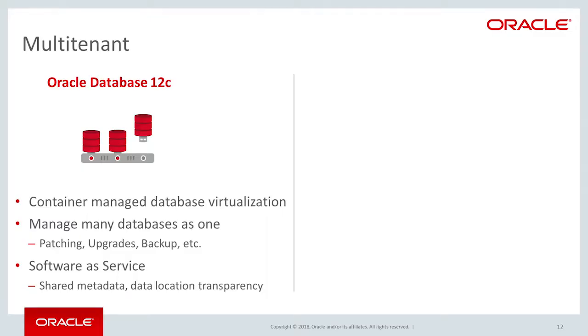With this architecture, we gave customers the ability to make more efficient use of their database infrastructure resources and their DBA resources, because by managing many databases as one, instead of multiple distributed databases, we can make it easier to patch, upgrade, secure, back up our databases, and so forth. Also with Oracle Database 12c, we introduced the concept of an application root, so we can share common application code against multiple pluggable databases in a multi-tenant container.